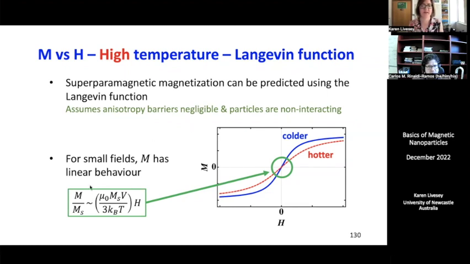You'll see the magnetization is linearly proportional to the applied field, and the constant of proportionality depends on a physical constant, the saturation magnetization, the volume, or probably the mean volume of the sample, some more constants, and temperature. So we can take these curves, fit a line through them and extract out the saturation magnetization.